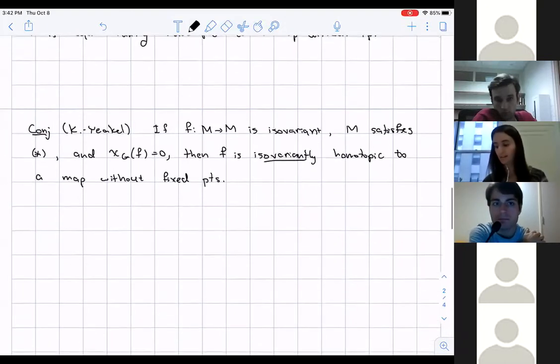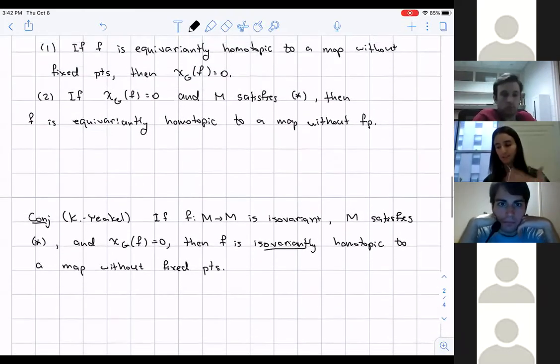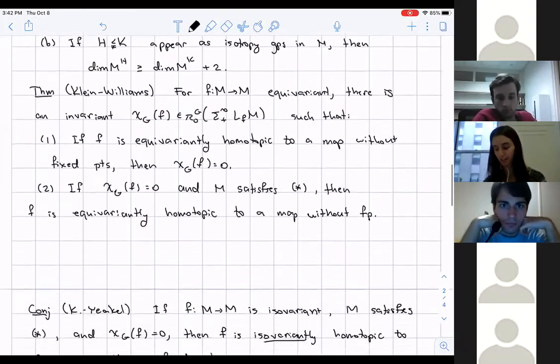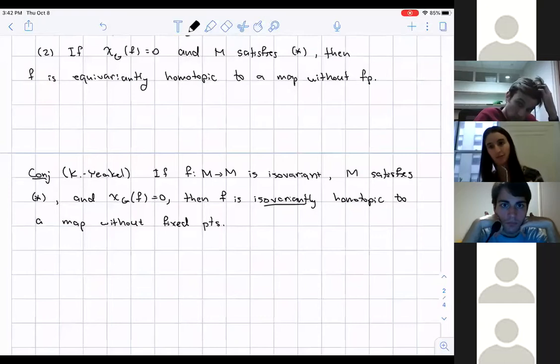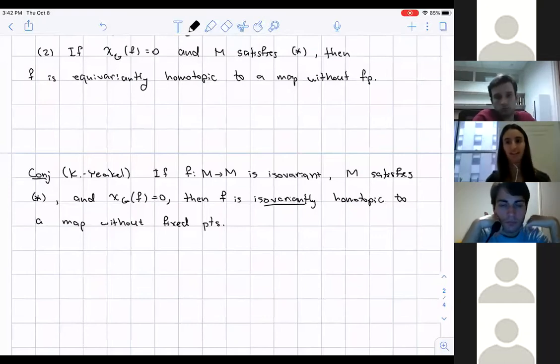Okay, so this is kind of telling us that under these same assumptions that happen in the equivariant case, equivariantly being able to remove fixed points of a map also means that you can isovariantly remove fixed points of a map in the case of manifolds. So this is not true if it's not a manifold.